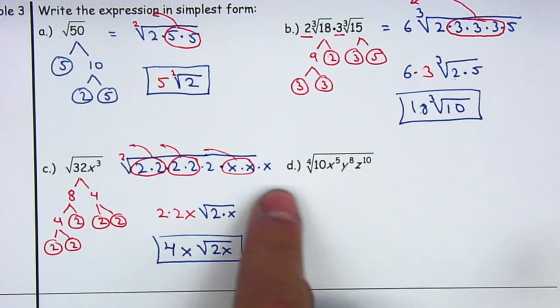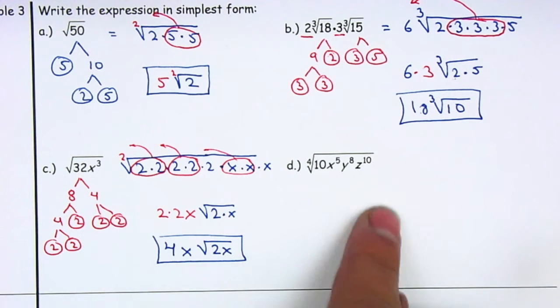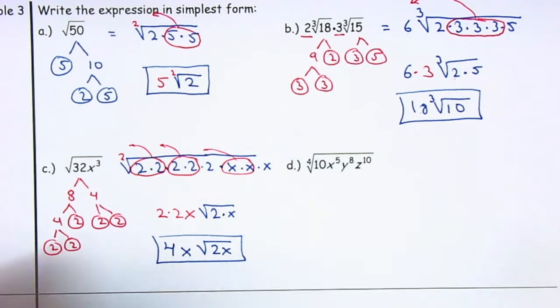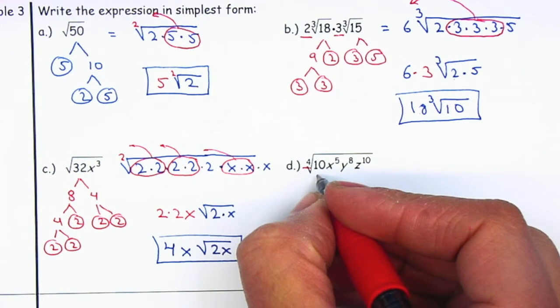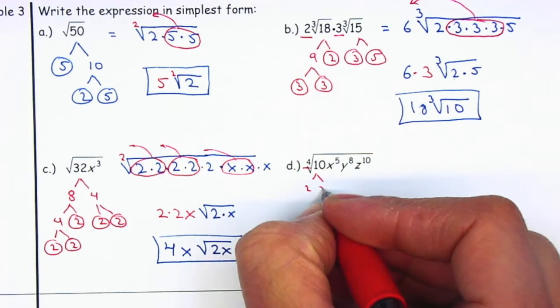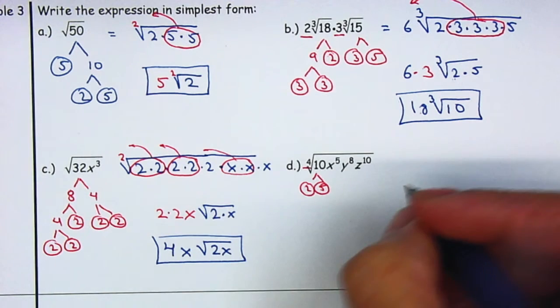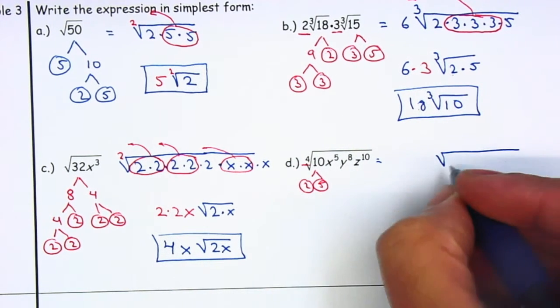Now for letter D, you can do the same thing. You can expand it, but let's try to think about the process. Now, we need to take out groups of 4. The factors of 10 are 2 and 5. We can't take anything out, so inside we are going to have a 10.